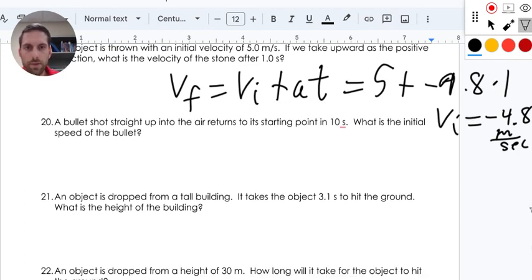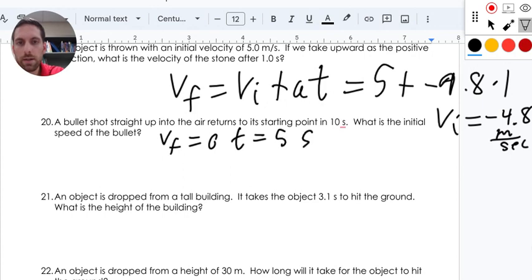All right, for this we've got to be careful. Start straight up. We only know g and we know time, but that's the total time. So if we halve that, we get the time to the top, and at the top, velocity is 0. So V final equals 0. Then we have to use time equals 5, which is half that. Then we can use the equation up here.